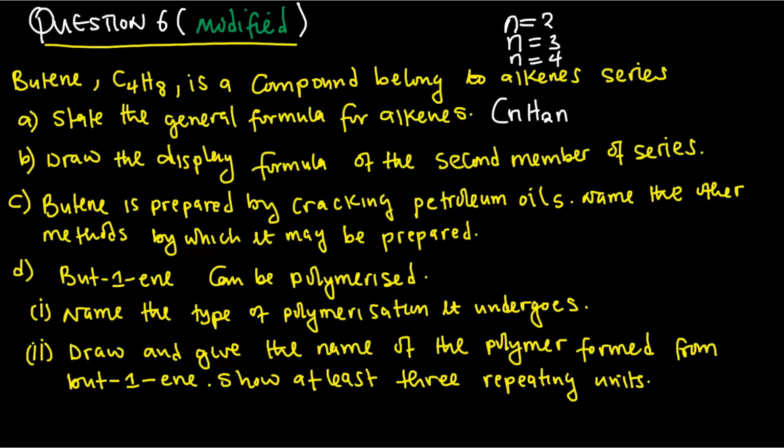So in short, they are asking us to draw the structure of propene, which we've done already at some point, but we're just going to do that. So draw the displayed structure. When they say draw the displayed formula of the second one in the series, you surely have to show the bonds. So you are going to draw propene. It appears like this.